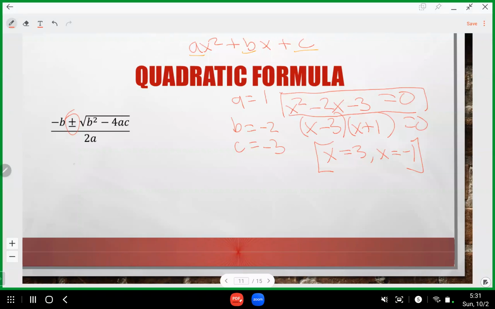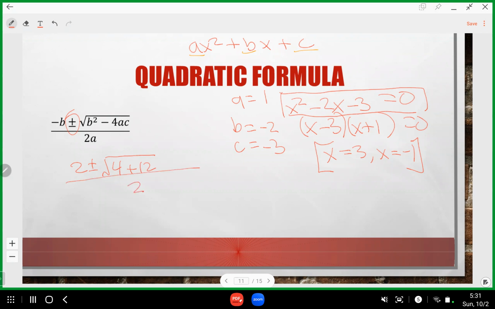It will become 2 plus or minus the square root of 4 plus 12, over 2.